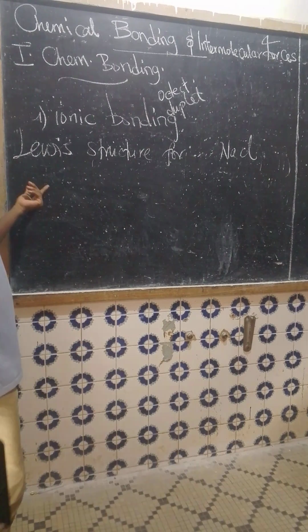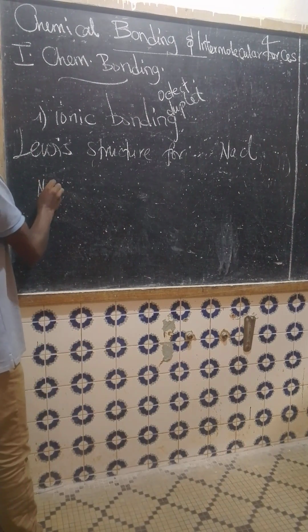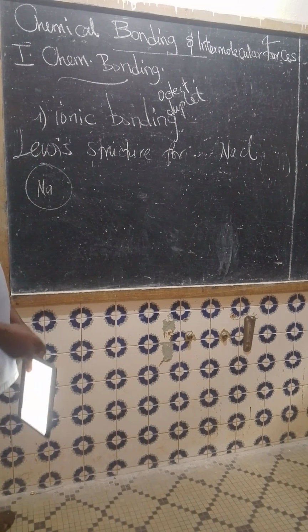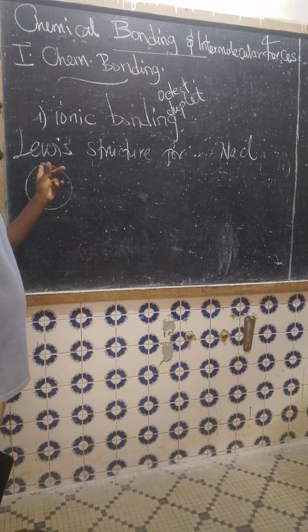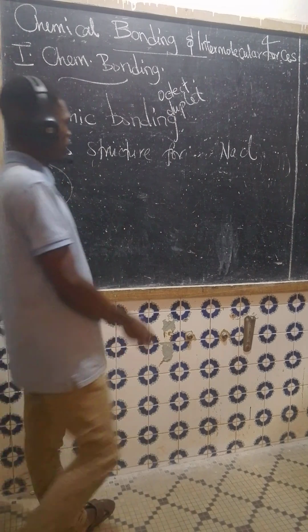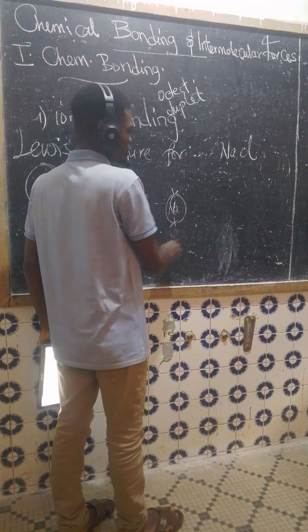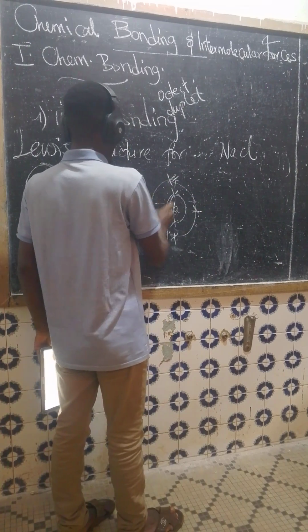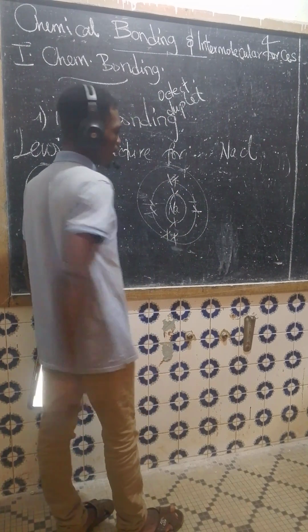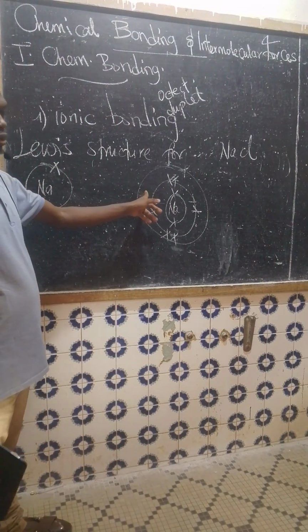So first we'll write sodium, an atom of sodium. Now, it's preferable you just represent the outermost shell, okay? But normally, sodium is supposed to be like this: the first shell, 2, right? 2, 8, 1. But we're simply going to represent just the outermost shell.